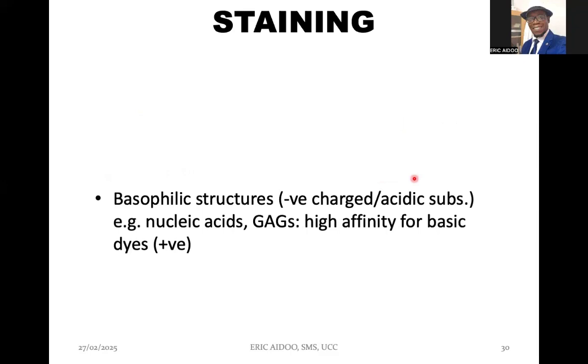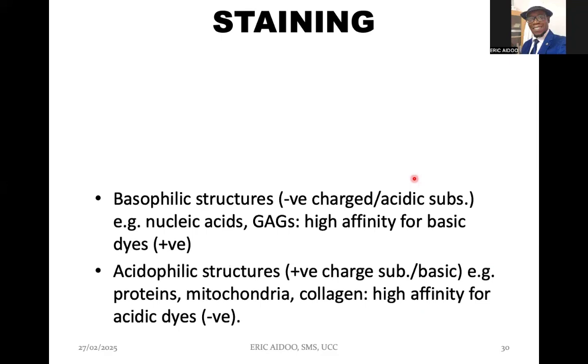Which structures are going to be stained by the hematoxylin and which ones by the eosin? It depends on the biochemical property of the structure. Basophilic structures are negatively charged and they are acidic substances. For example, nucleic acids, glycosaminoglycans, and glycans have high affinity for basic dyes.